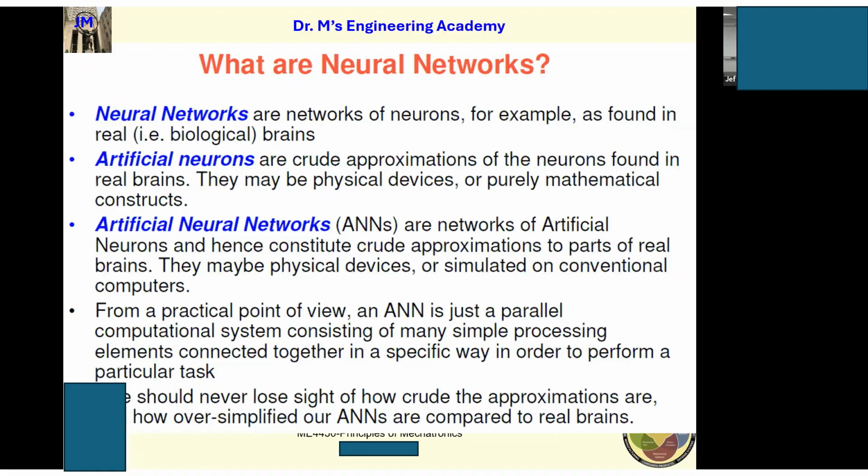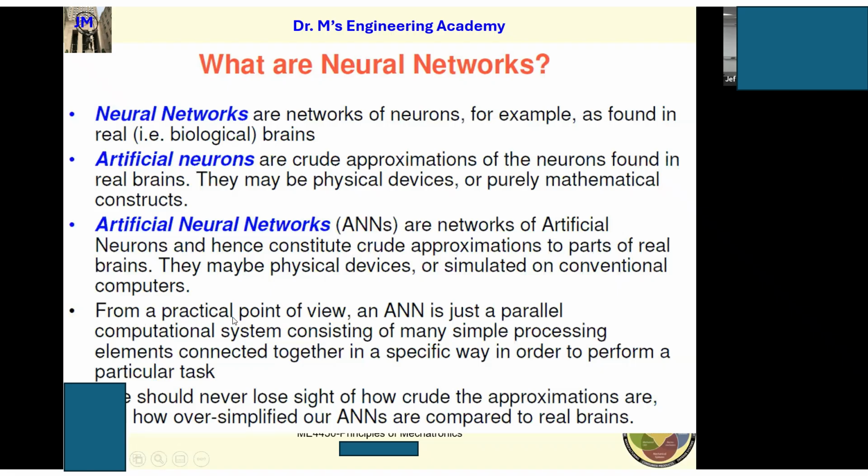Right? Otherwise, we will be wrong. Artificial neural networks are networks of artificial neurons and hence constitute crude approximations to parts of real brains. They may be physical devices, or simulated on conventional computers. So it can be a mathematical model or a physical device mimicking our biological brains.